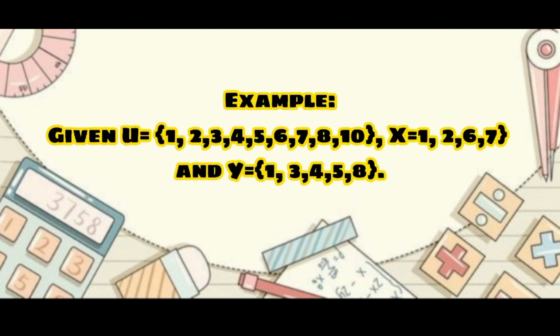For example, given the universal set is equal to {1, 2, 3, 4, 5, 6, 7, 8, 10}, and X is equal to {1, 2, 6, 7}, and Y is equal to {1, 3, 4, 5, 8}.